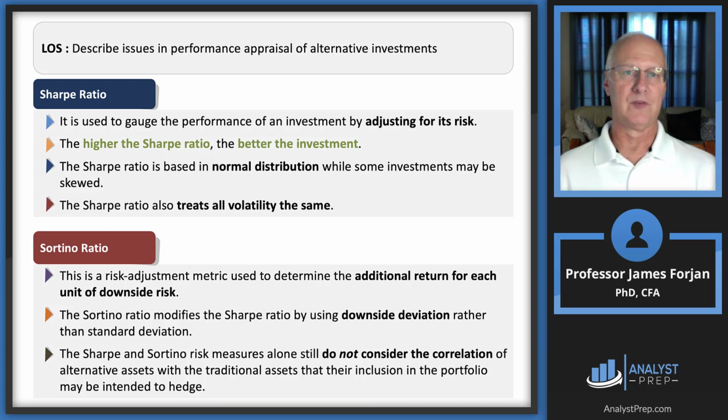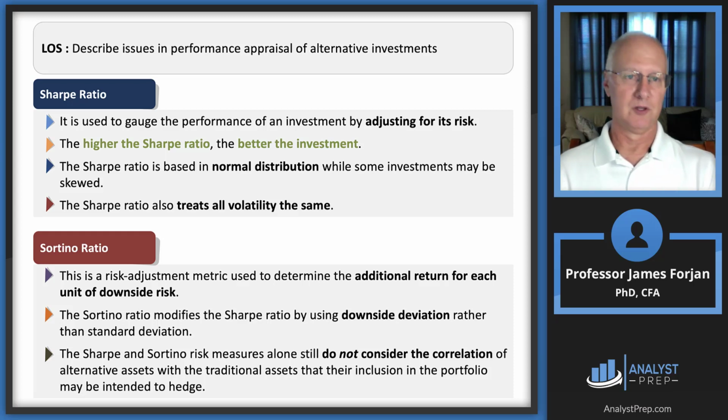Now, I really like this LOS, because what we can do is take this LOS and go back to what we learned about the Sharpe ratio and the Sortino ratio and apply it to alternative investments. Let me go ahead and just remind you, although note the LOS said describe, it doesn't say calculate, the Sharpe ratio is going to be a ratio of the premium in the numerator, where we take the return on, let's just call it the alternative investment, minus some measure of a risk-free rate, divided by the risk of that alternative investment.